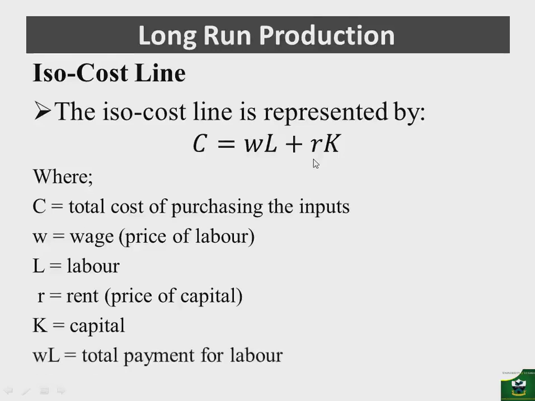If we look at the whole term WL, we are looking at the total payment for labor that the firm makes. So this part here is the total cost that is coming from labor alone. The other part, which is RK, is the total payment for capital, meaning how much the firm is paying to acquire the capital.